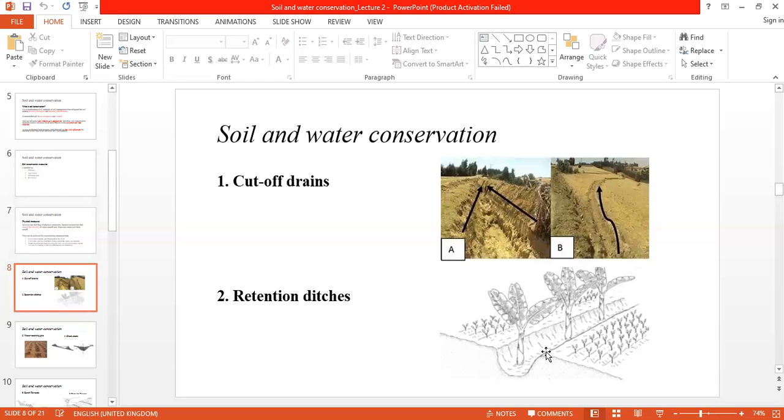So you have to make sure that the crop that you plant is not very low. The low crops, you plant them on top. Then here you plant tree crops.